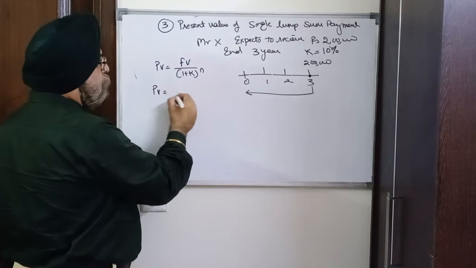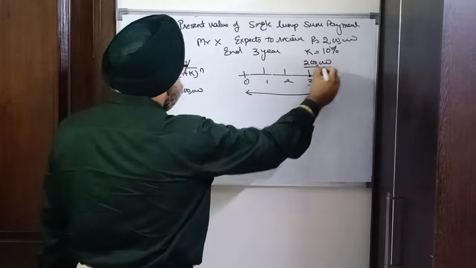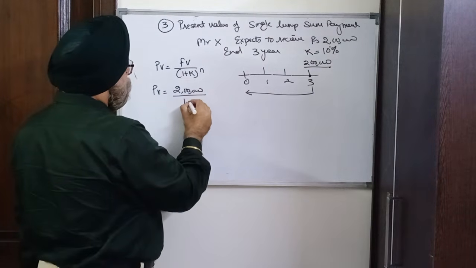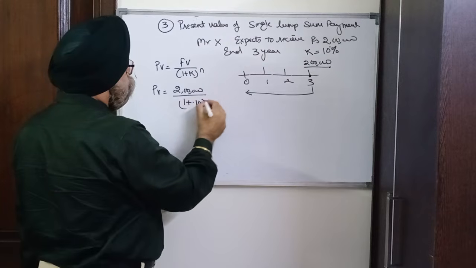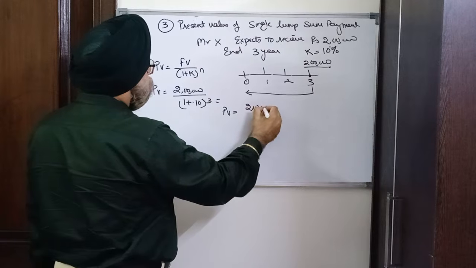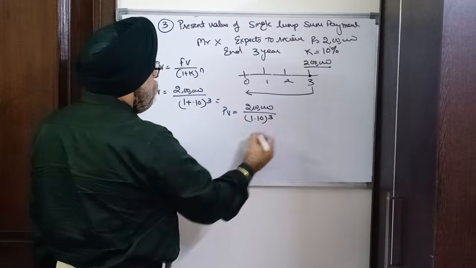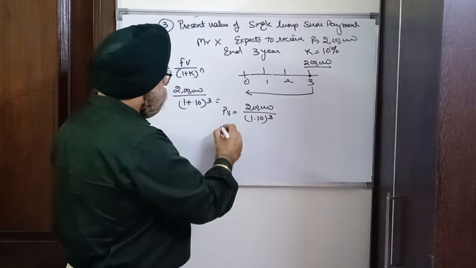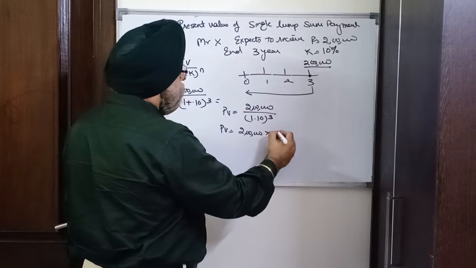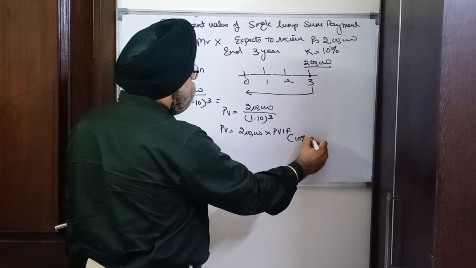Or PV is equal to future value, which is 2 lakh, percentage is 10%, so 1 plus 0.10 raised to power 3. This amounts to 2 lakh upon 1.10 raised to power 3. And if we are using the table, PV is 2 lakh multiplied by PVIF 10% comma 3.